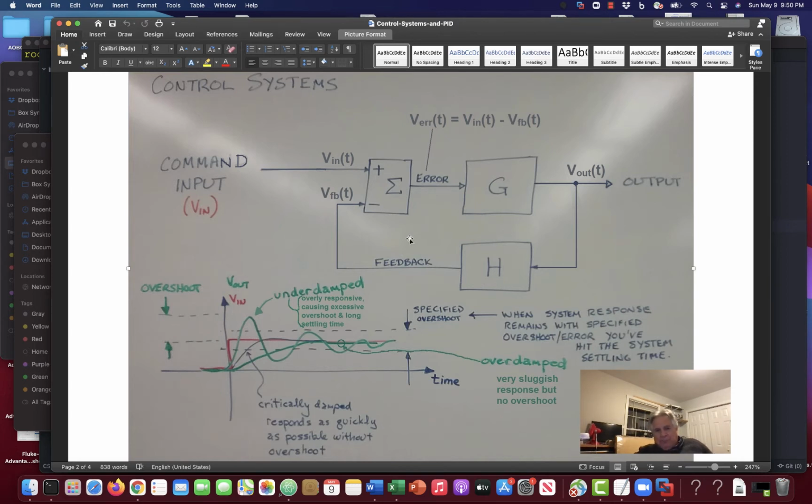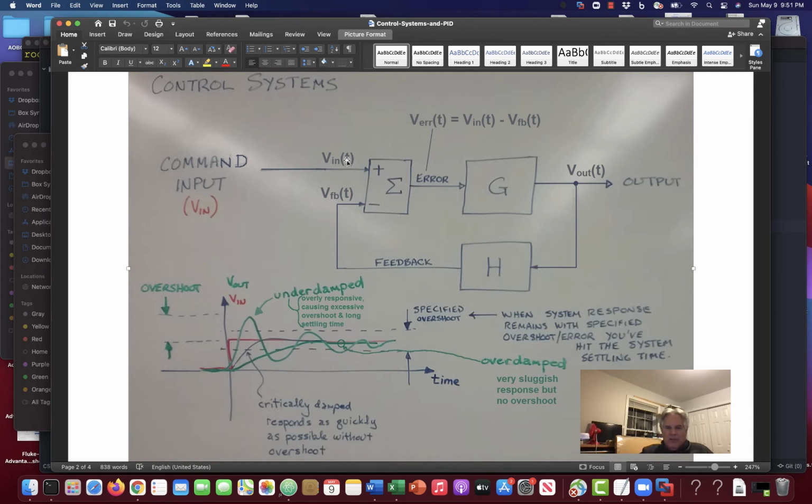But whatever the operating control system is, there's typically some kind of plant and drive in the forward direction to drive the output based on an error voltage, and some kind of feedback, typically with some kind of filtering or maybe compensation or whatever's necessary that comes back. And then we compare these two, and sigma just means sum. All right.